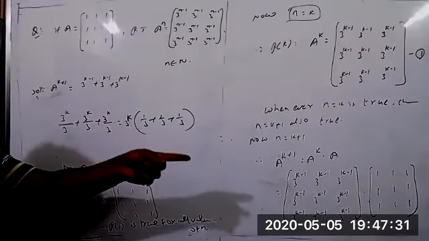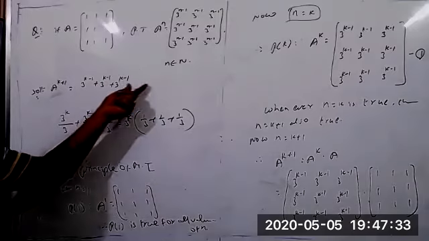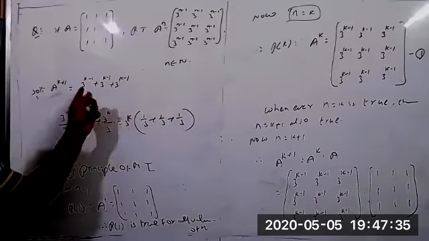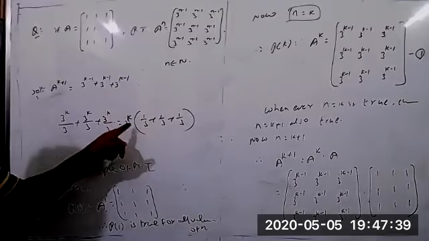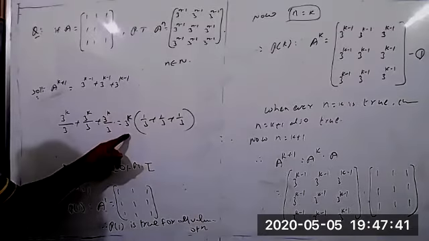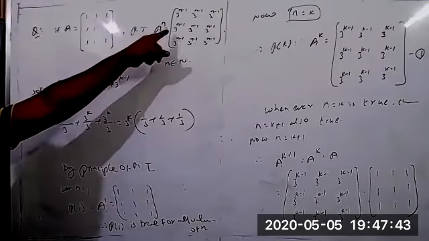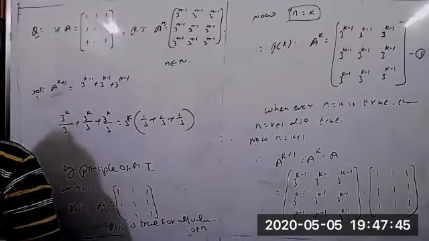That means whenever we multiply, each and every step we get the same elements, but whenever we simplify this value, we get 3 power K only. So taking n equal to K plus 1, we got the same again.